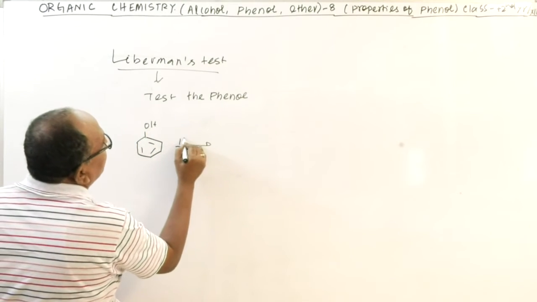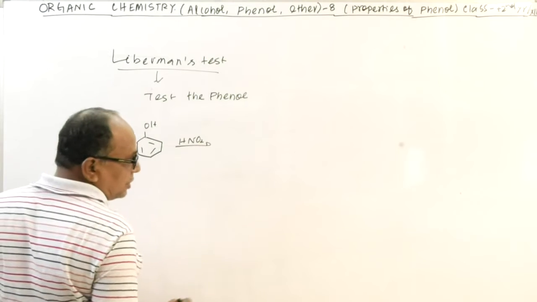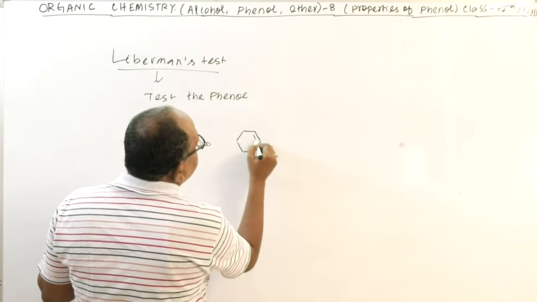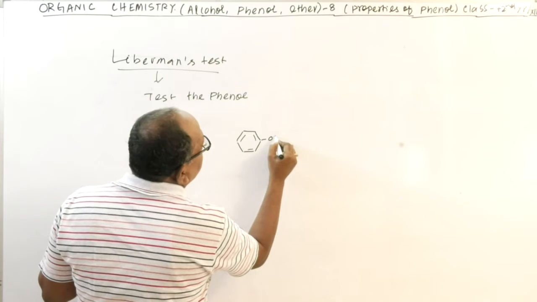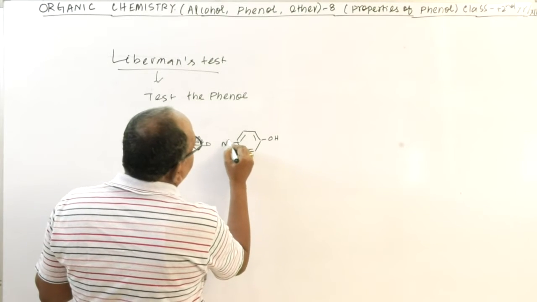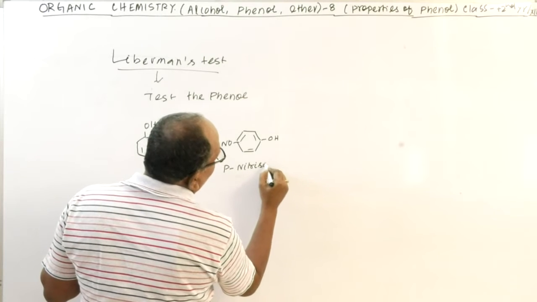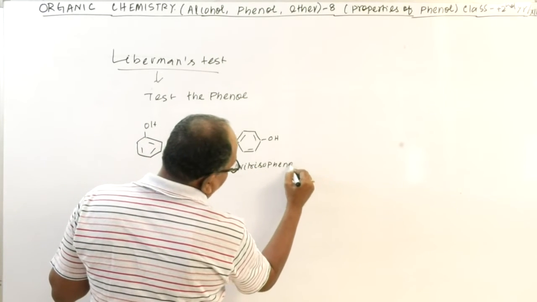This is treated with HNO2, nitrous acid, and it gives you para nitrosophenol.